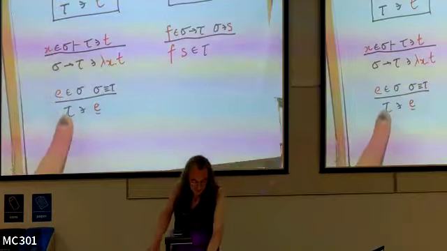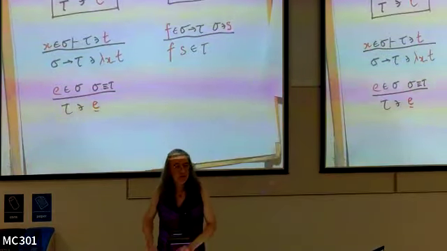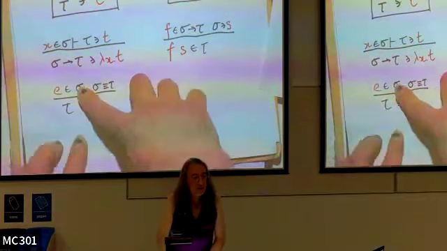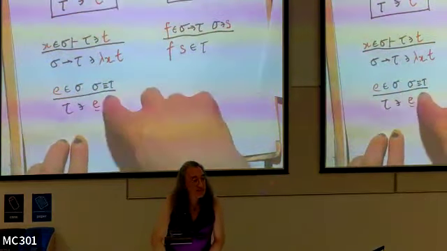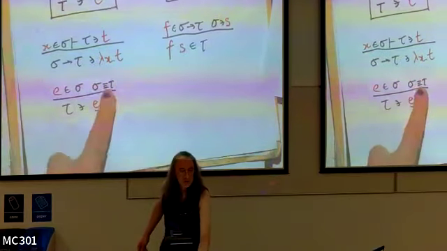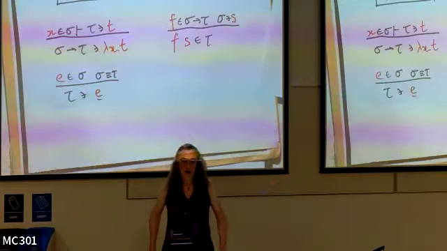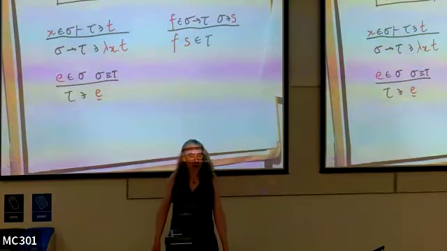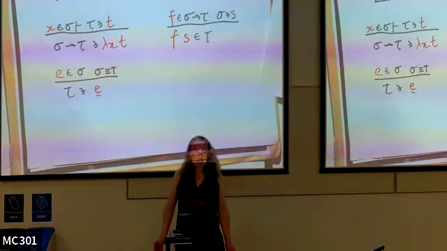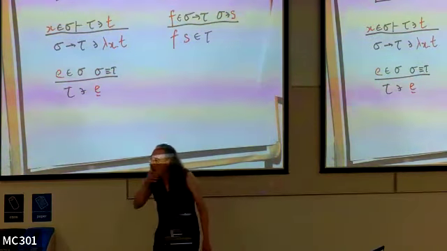And here, this tau comes from whoever asked us to check the type, whereas sigma came from a different source. Sigma was the synthesized type. So there's something honest to goodness to check here. And you can think of this equality sign, this equivalence, I really mean syntactic equality here. What can I do here?